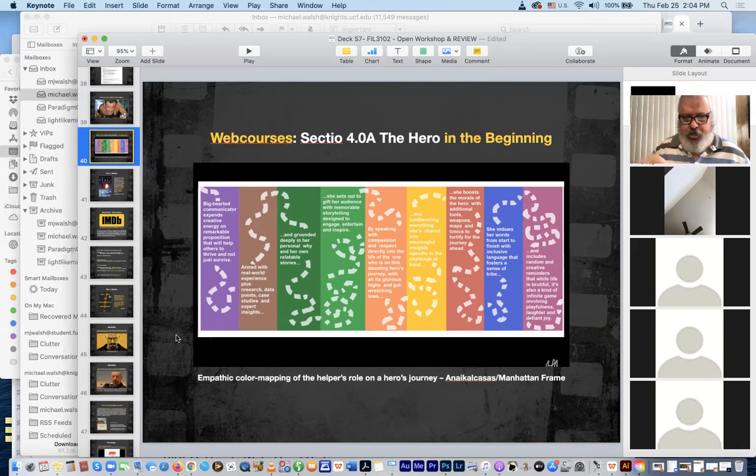And at each stage, they might have some kind of emotional or spiritual breakthrough that leads them through their own character arc, just like actions and events lead us through a story arc. So this one's illustrating your protagonist, suggesting they're a big-hearted communicator who expends a lot of creative energy on remarkable plans and propositions that will help others to thrive and not just survive, armed with real-world experience.